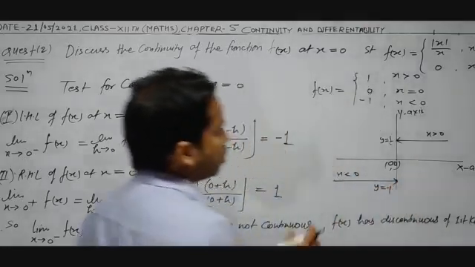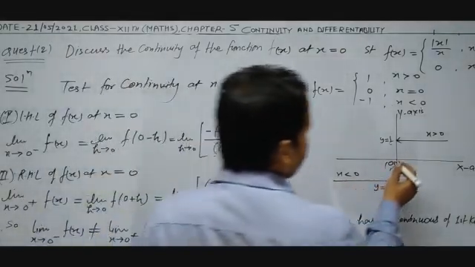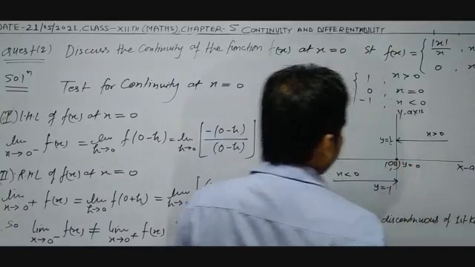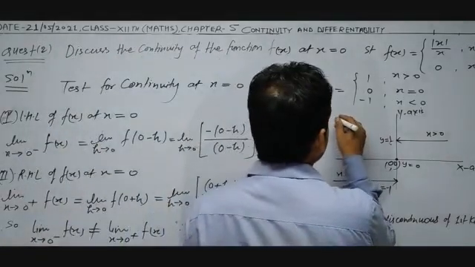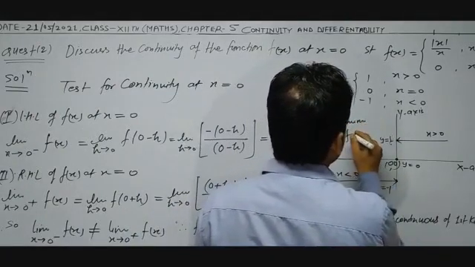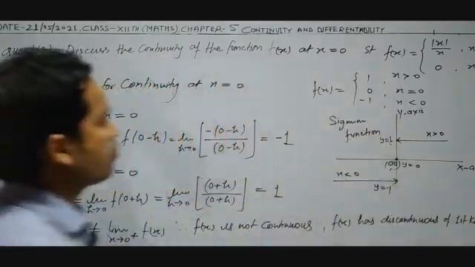So this is the graph, and at x equal to 0, the value of y is 0. This graph is also known as the signum function.